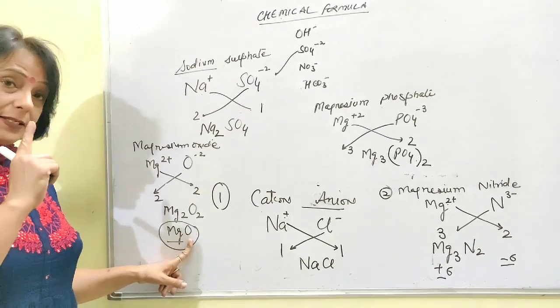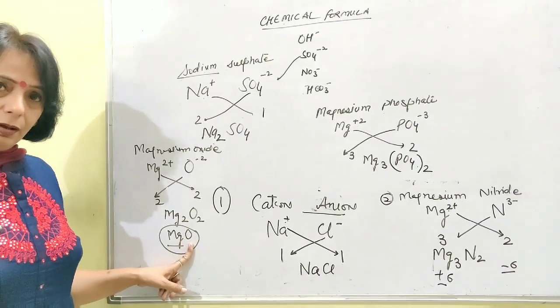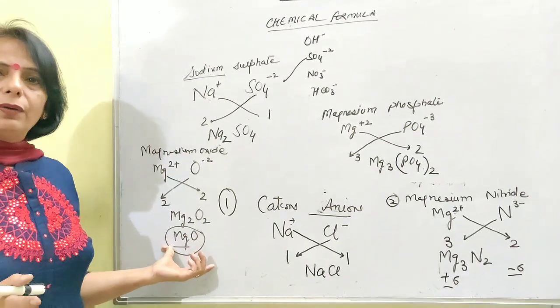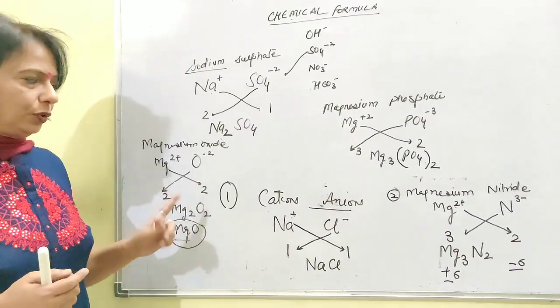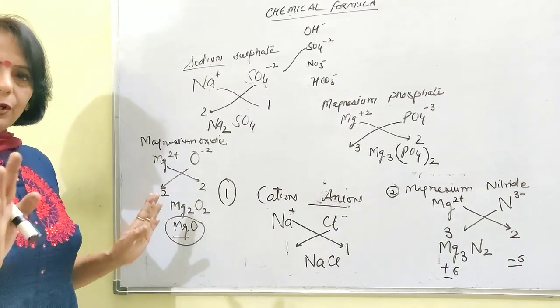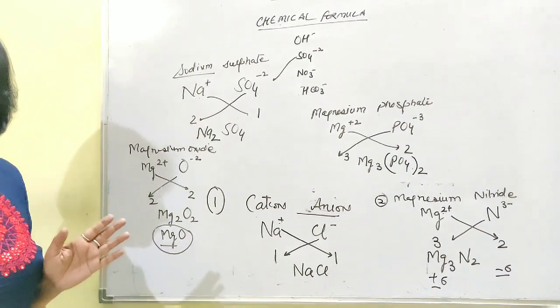Undoubtedly the charges are present inside, but the total positive and total negative charges are equal, so a neutral compound has been formed. Similarly, if somewhere 3 and 3 are coming, you need not mention 3 and 3.